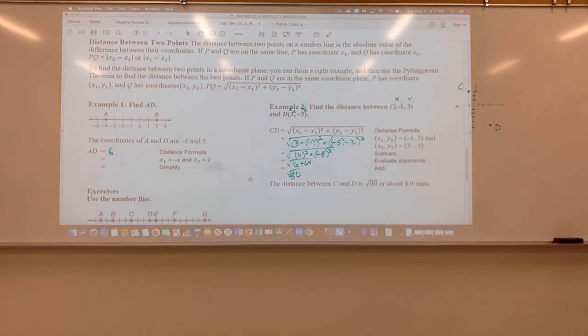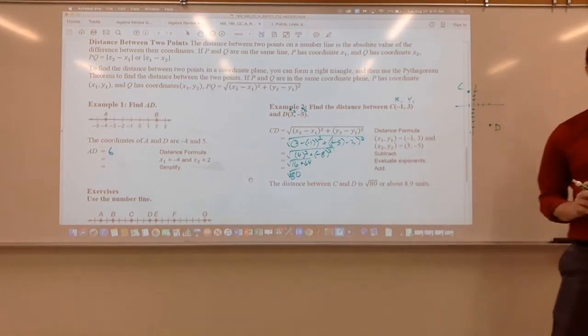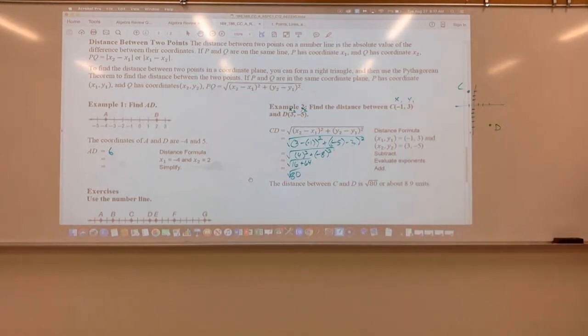So what are we looking for? The biggest perfect square that divides evenly into 80. It was on the tip of your tongue. So the largest perfect square.